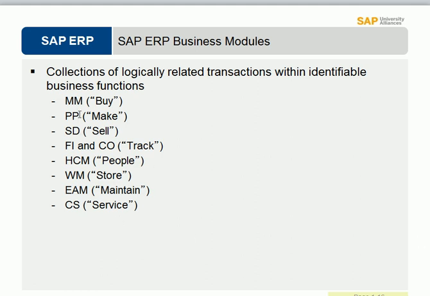Like I said, material management is basically buying material. Production planning is for manufacturing or make. Sales and distribution is to sell. Financials and control is tracking your costs and expenses. HCM, which is human capital management, is for people. Warehouse management is for storage. I can't remember what EAM stands for, but it is for maintenance, and CS is for service.